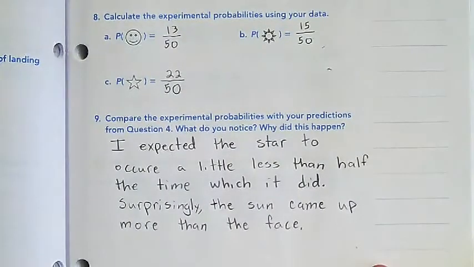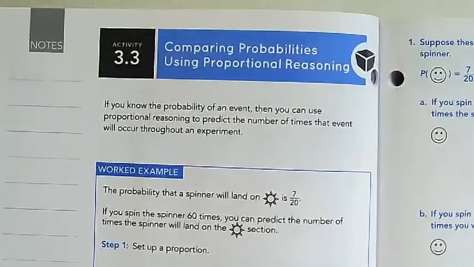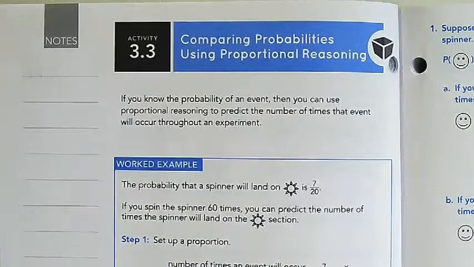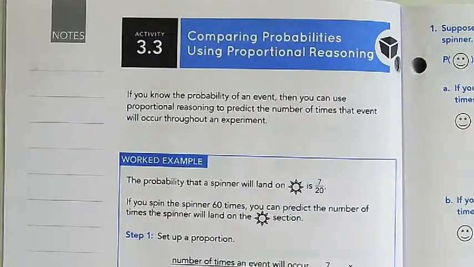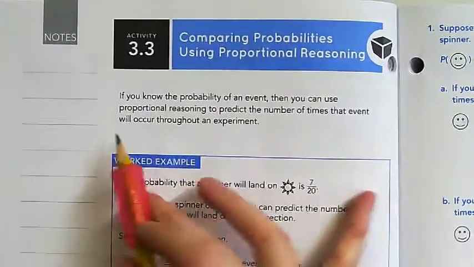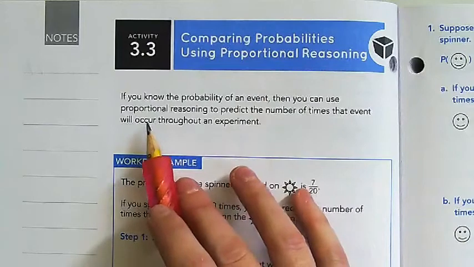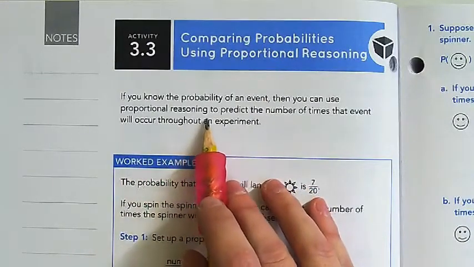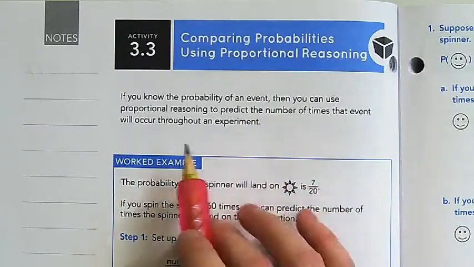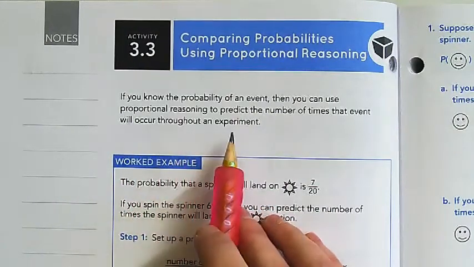So let's go ahead and move along to activity 3.3, comparing probabilities using proportional reasoning. If you know the probability of an event, then you can use proportional reasoning to predict the number of times that event will occur throughout an experiment.